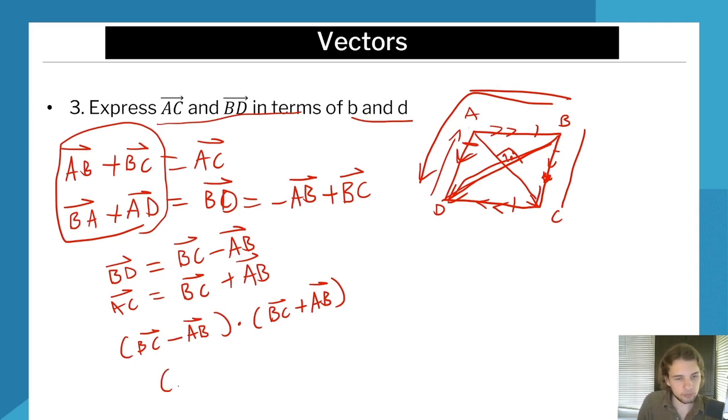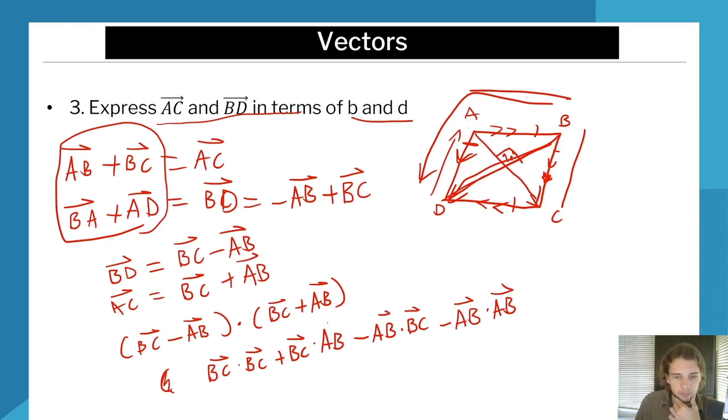So we'll expand everything into BC dot BC, then positive BC dot AB, negative AB dot BC, negative AB dot AB.